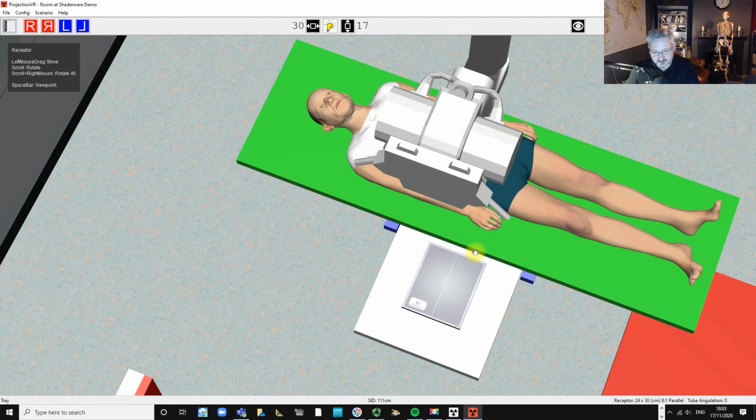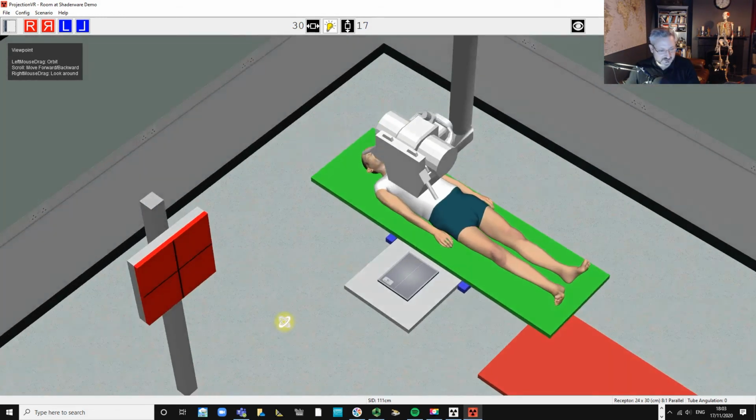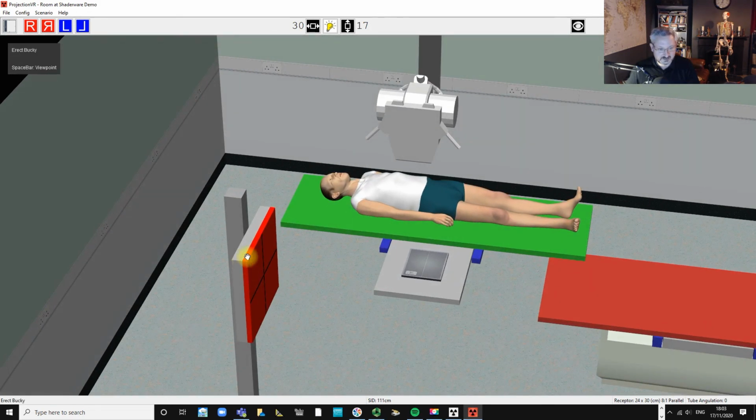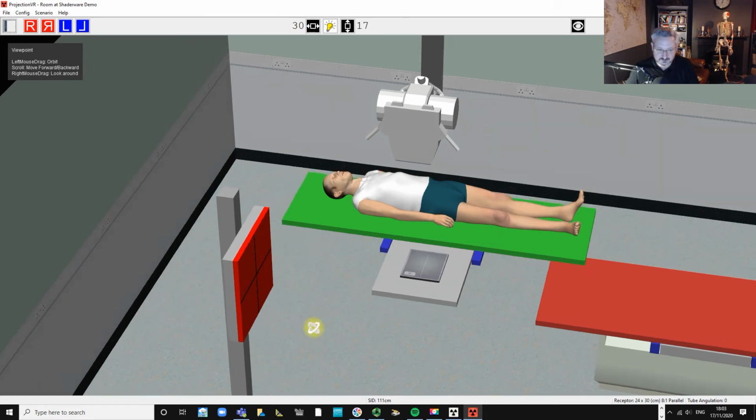However, the line on this grid receptor indicates the grid lines. So with the erect bucky, the grid lines are travelling up and down. So it was easy for us to angle up or angle down, and the X-rays would still have lined up with the grid lines, so we didn't have a problem.